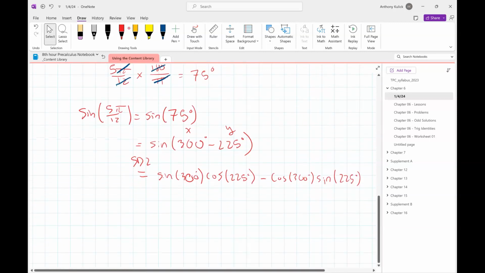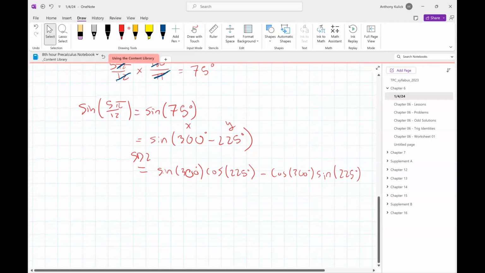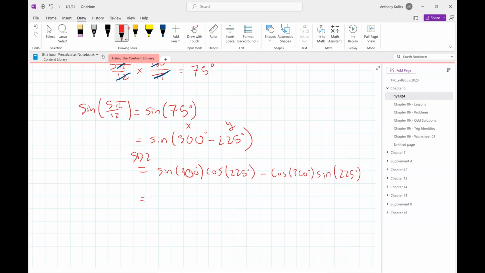Everybody feel pretty good so far? What do we do next? We go to the unit circle, right, to find the values. So what's sine of 300 going to be? Negative root 3 over 2. Cosine of 225?